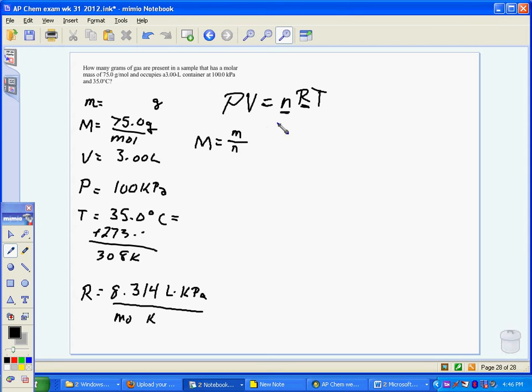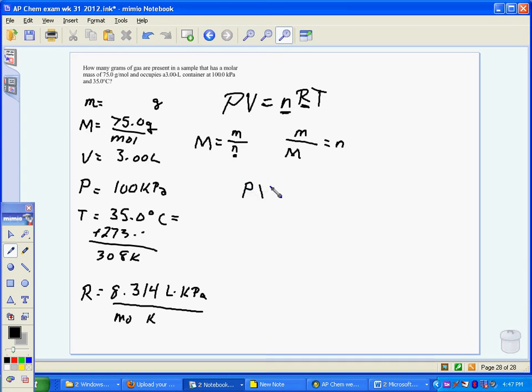Well, if I can solve for this, I can substitute it right here. So little m, which is our mass, divided by big M, which is our molar mass, equals the number of moles. I'm just going to substitute that in here.